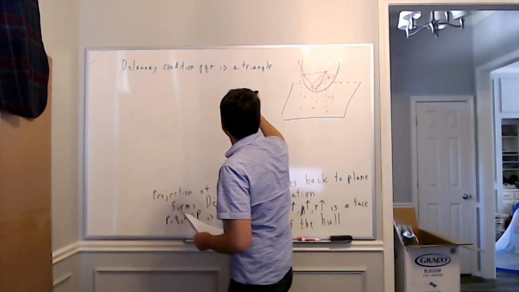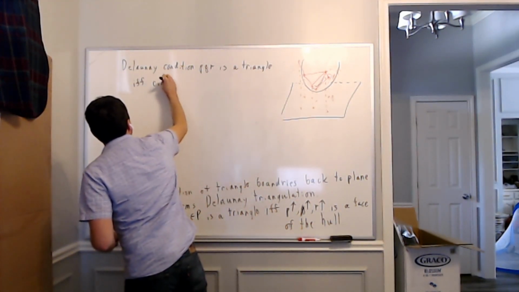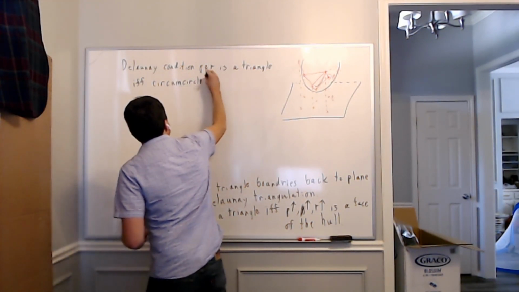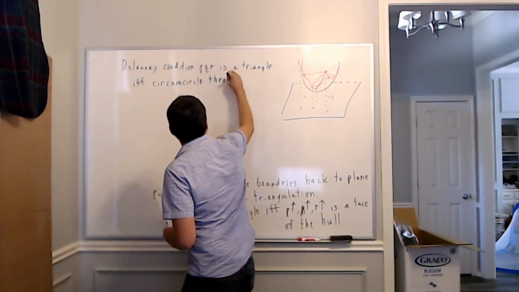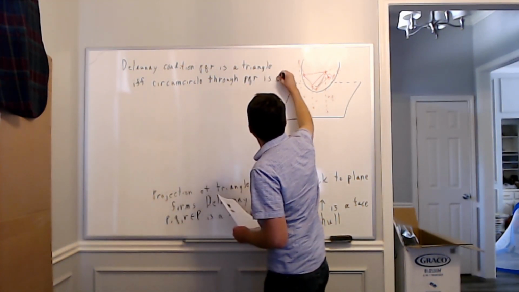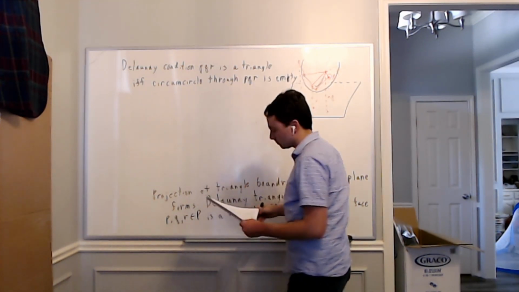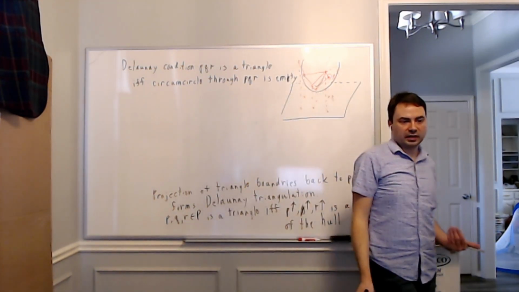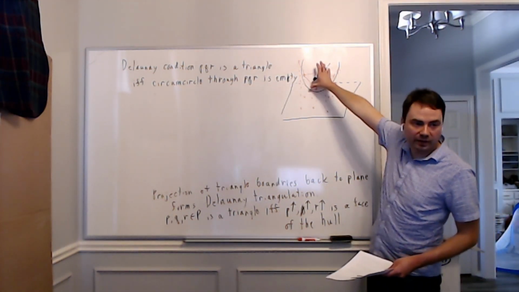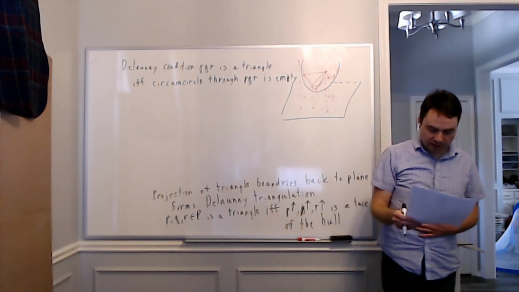Okay, so PQR is a triangle if and only if the circumcircle through PQR is empty. So that's what's true of Delaunay triangulations. We also need to worry about what's true about the lower convex hull.